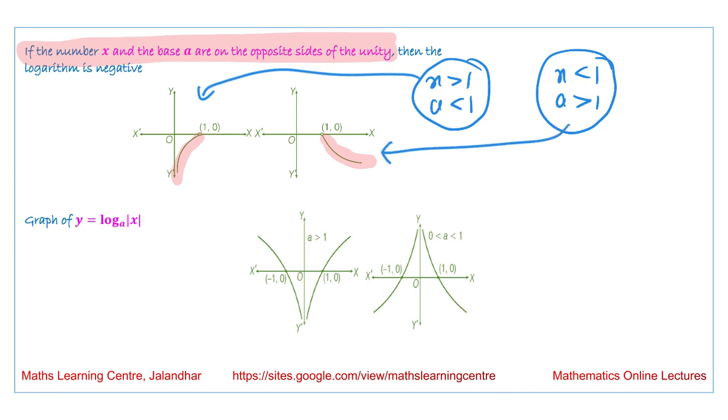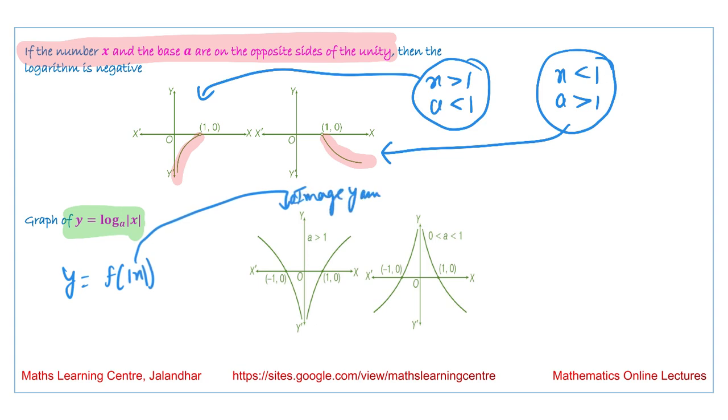Next is the graph of the function y is equal to log of mod of x. We know that when we are plotting the graph for the function y is equal to f of mod x, it means we have to take the image along the y axis.